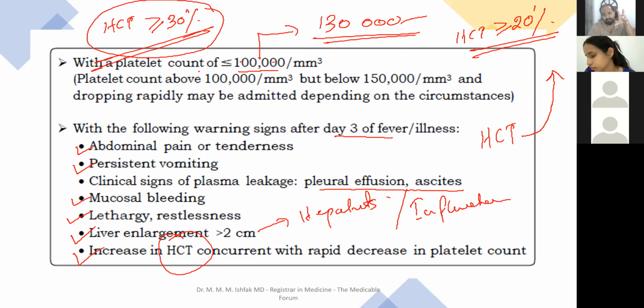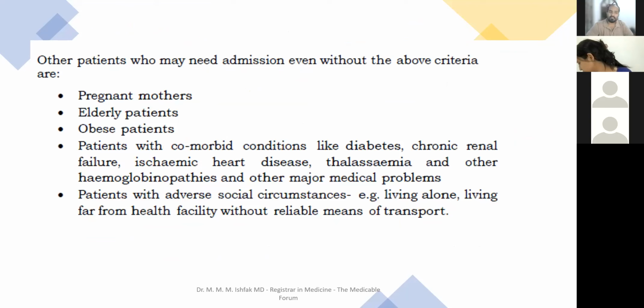Now, there are some instances where, even if certain patients don't have warning signs, you still have to admit them, like pregnant mothers, elderly patients, obese patients, patients with other comorbidities like diabetes, CKD, ischemic heart disease, blood disorders like thalassemia, sickle cell disease, and people who have social issues, like people who are living alone, who don't have proper social support, who are dependent in their activities of daily living.